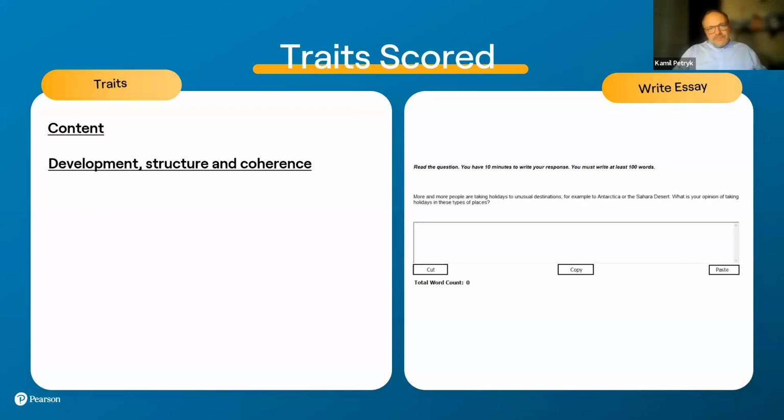Content, also obviously that is based on the prompt. Development, structure and coherence. What would you say? What is the focus of this trait again? If you could share that in the chat box.